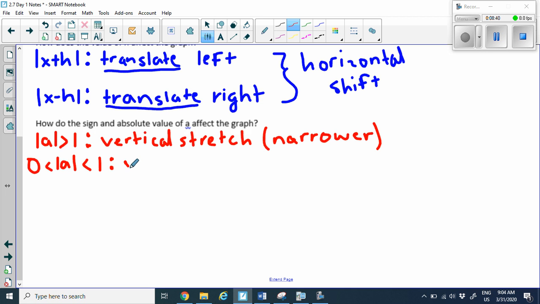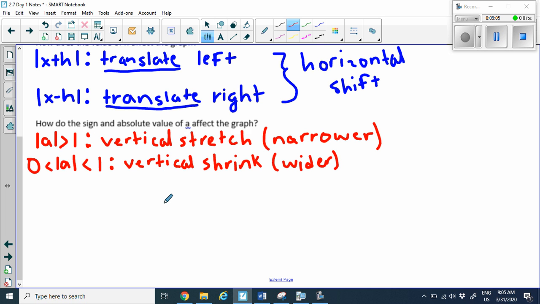This is what we call a vertical shrink. So that means our graph is getting wider. And the vertical stretch and shrink, those are our key vocabulary words, okay?